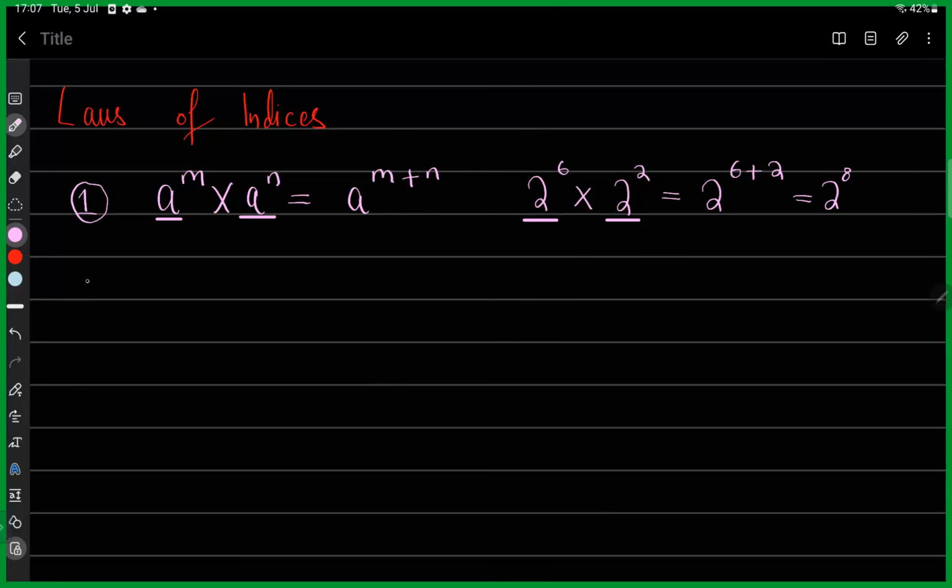Let's talk about the second one. Again, the bases are the same. We have a power m and it is being divided by a power n. The bases are the same and the numbers are being divided, so it would be a power m minus n.